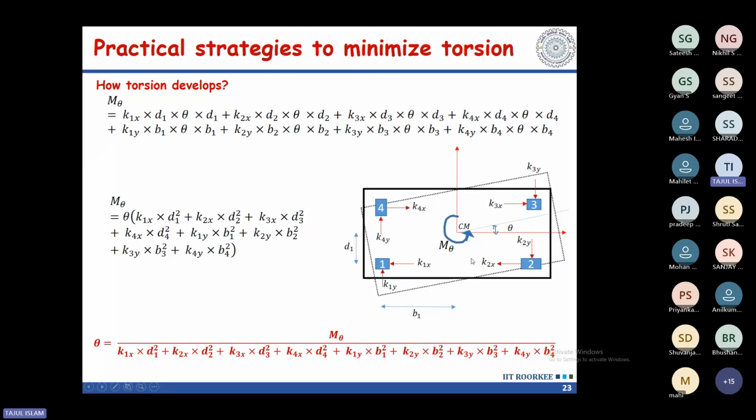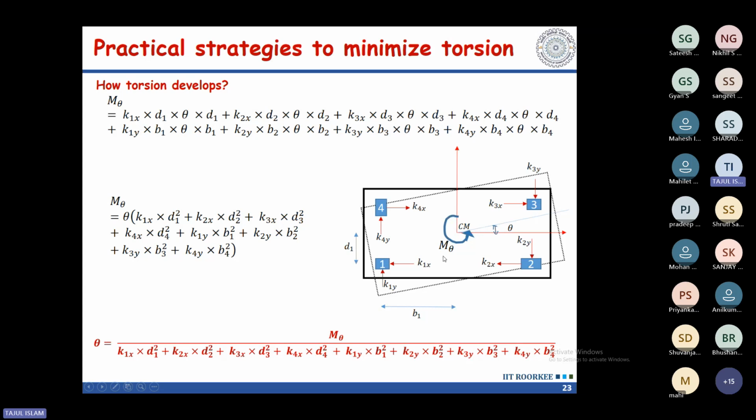So your x lateral stiffness will be applied in this direction for this column, then again the same direction for this column. But for the other two members, the x direction stiffness should be in the opposite direction to create an opposite rotational phenomenon.